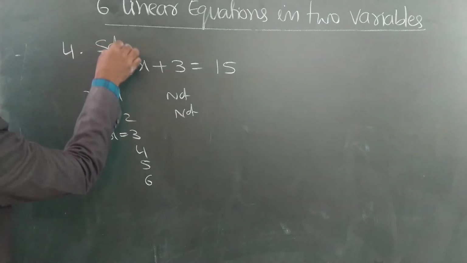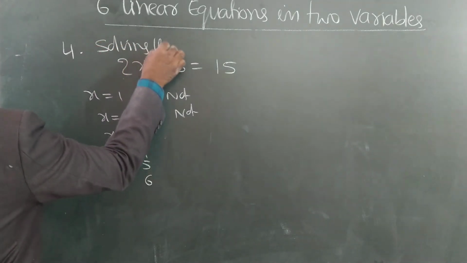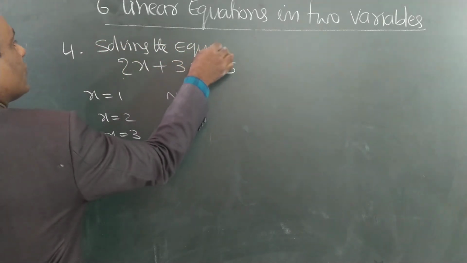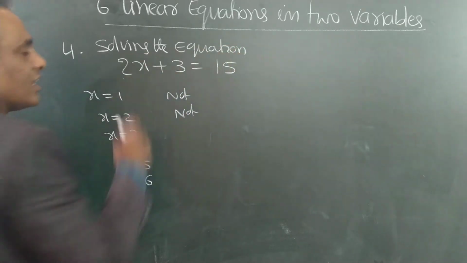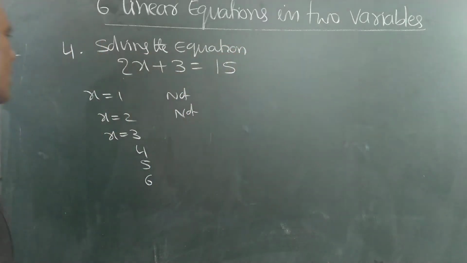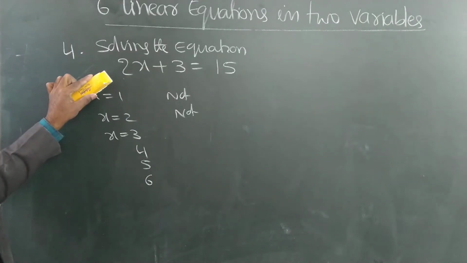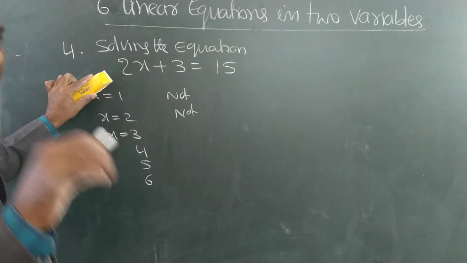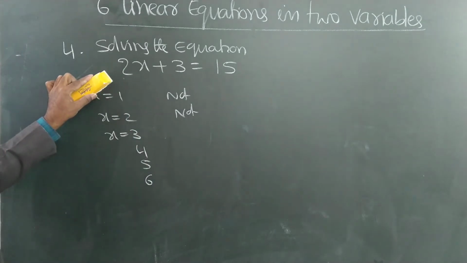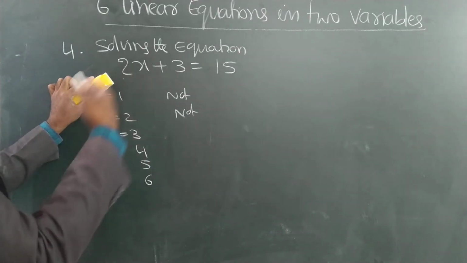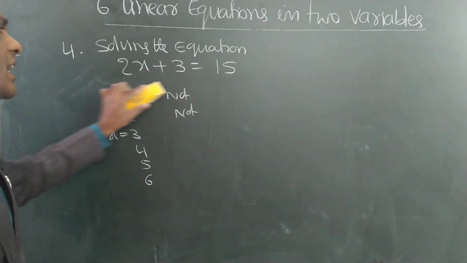Solving the equation means finding the value of the variable. So we have the procedure. If the trial method is asked, we can apply it: take x is equal to 1, 2, 3 like that, and see when we are getting 15.